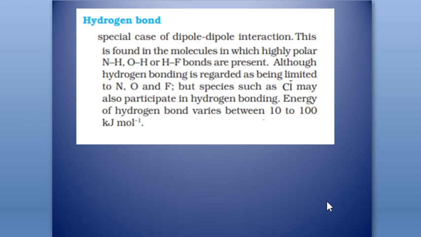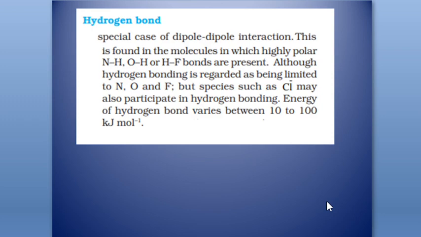It is a special case of dipole-dipole interaction. This is found in molecules in which highly polar NH, OH or HF bonds are present. Although hydrogen bonding is regarded as being limited to nitrogen, oxygen, fluorine, species such as chlorine may also participate in hydrogen bonding.